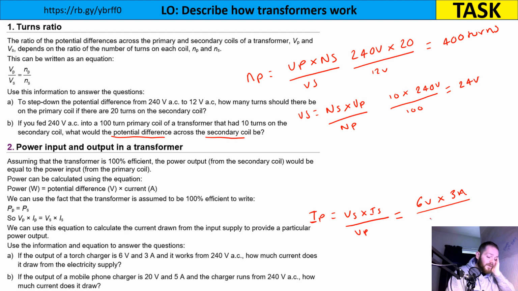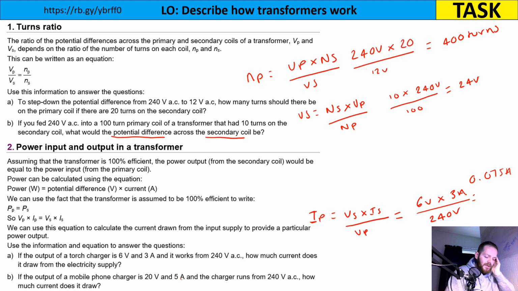Oh, 240 volts, sorry, I couldn't see that. 240 volts. Okay, so if you calculate what that is, you get 0.075 amps.